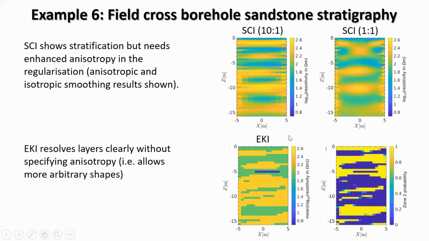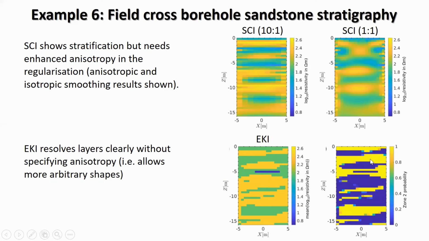When we apply the ensemble Kalman inversion, then that automatically brings out this zonation, and you can see in particular you've actually got this layer about 5 meters depth, which has come out as significantly different to these other zones.